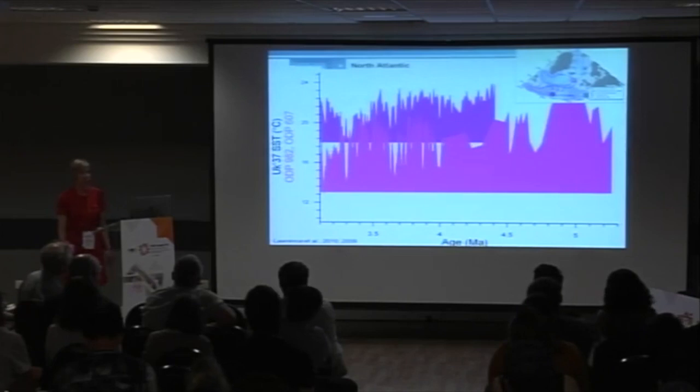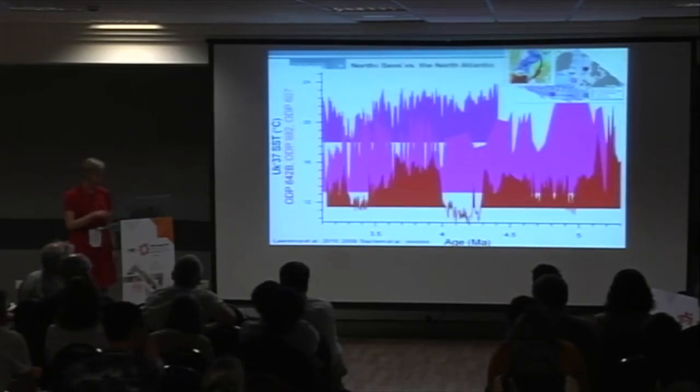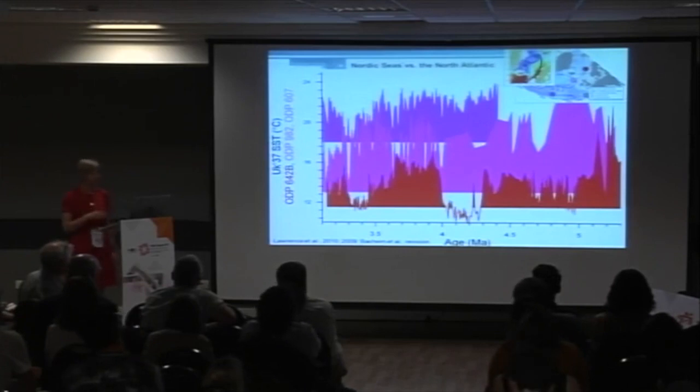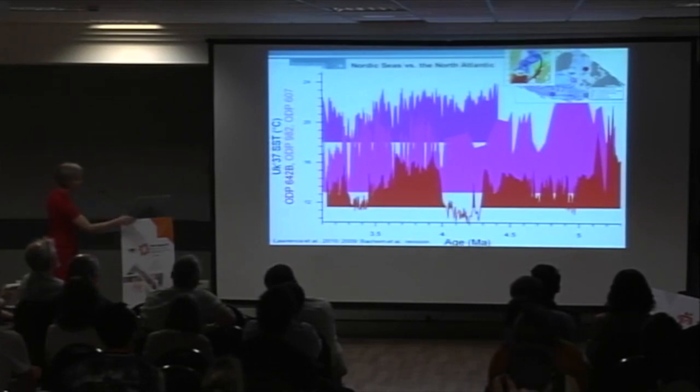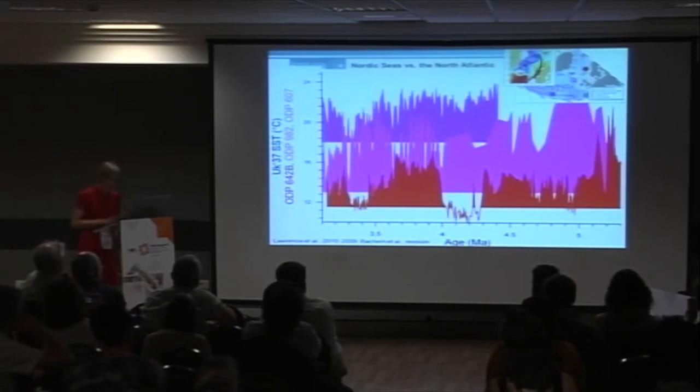Going a bit further up north in the Atlantic, it's also consistently, significantly warmer throughout the Pliocene. While, just as a reminder, when you go to the Nordic seas, we see more of these changes, and especially we have some of these intervals with colder conditions. And I really want to focus a bit on this coldest interval before 4 million years for the rest of the talk.